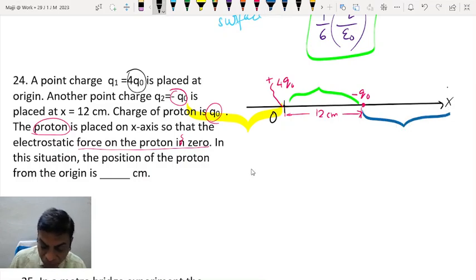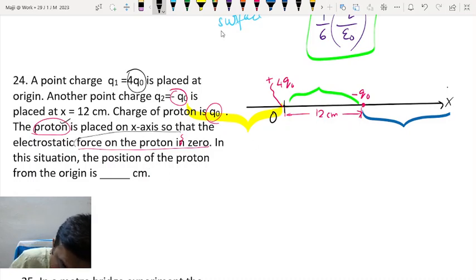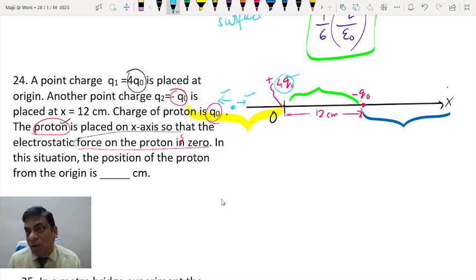We have to check what will be the most suitable position for the proton so that it does not experience any force. Now suppose you keep the proton here, on the left-hand side, somewhere here. Then this positive charge will repel it and this negative charge will attract it. So both the forces will be opposite. So there are chances of the net force becoming zero.